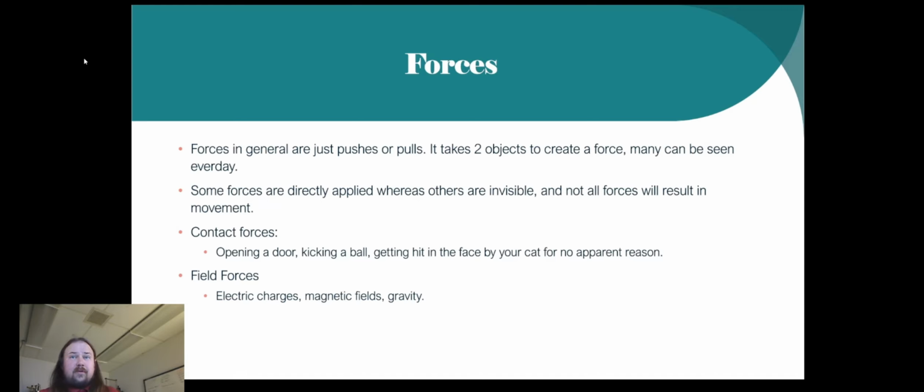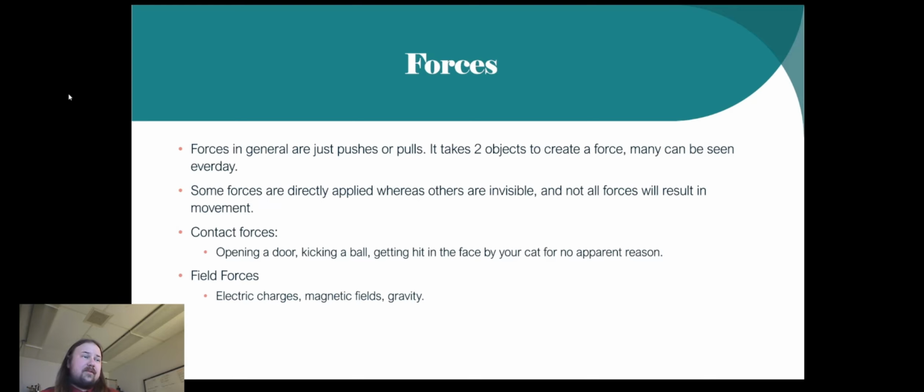There are other forces that are invisible. They're not seen. They're still there and being applied, but they're a little bit harder to detect. This can be electric charges, where a positive and negative charge have a force of attraction. It still takes two objects, two charges, but they'll be attracted towards each other.